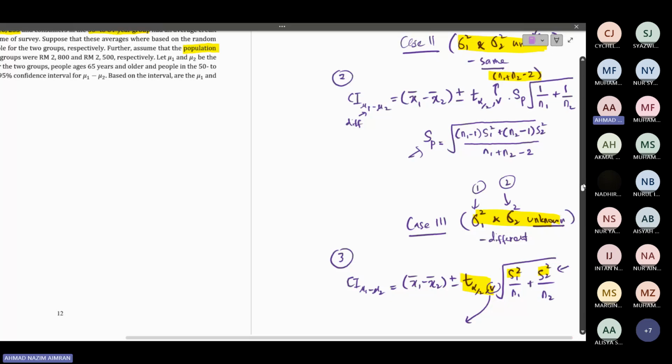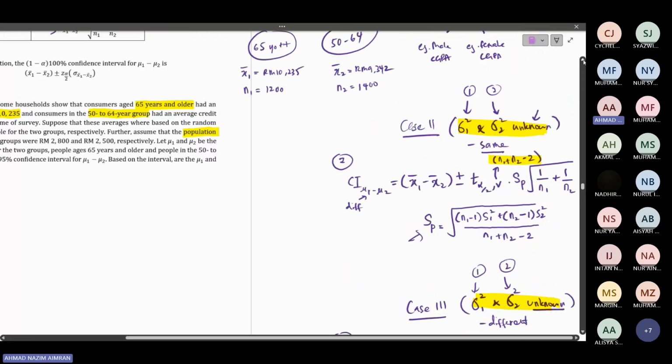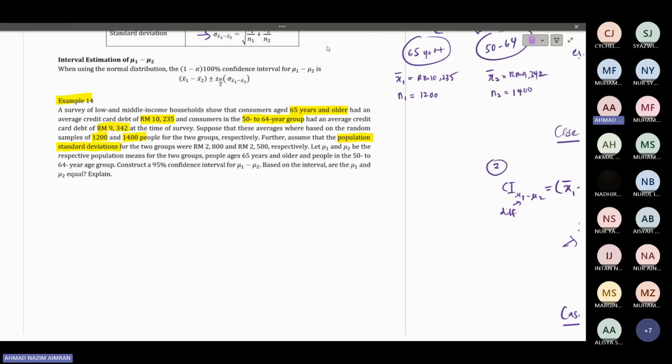So by having the population standard deviations given, we know we need to use the first case. The standard deviations are 2,800 for the first group and 2,500 for the second.